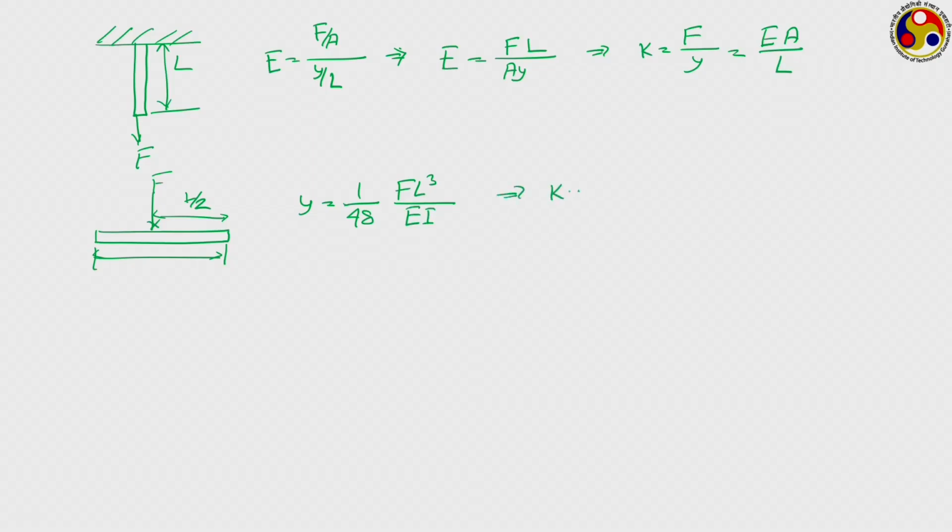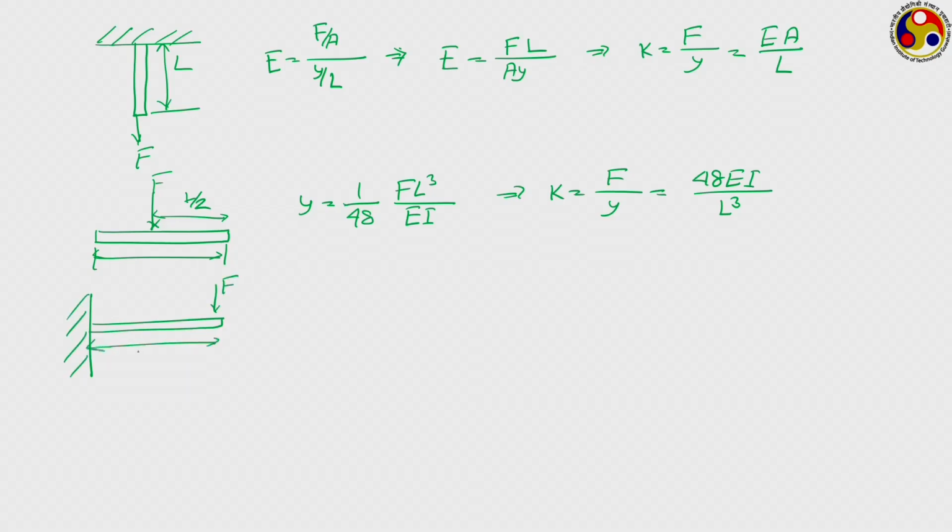Correspondingly, K is equal to F upon Y, that is 48 E I by L cube. Whereas, if we are using the same member, this side is blocked and the force is acting at this particular position.